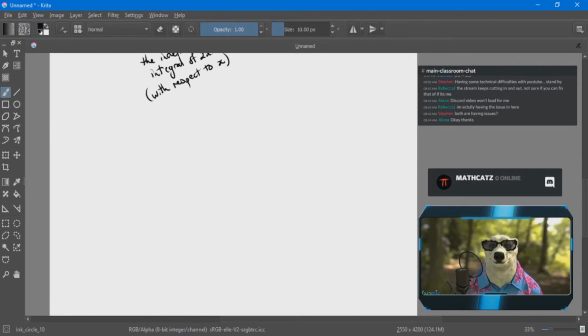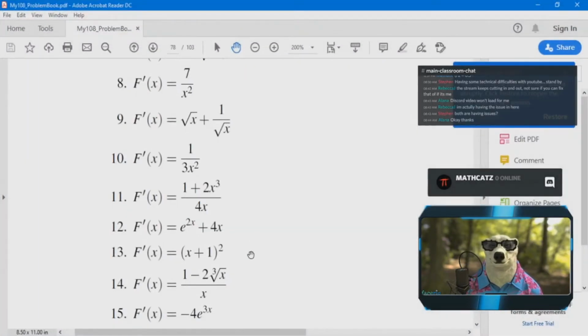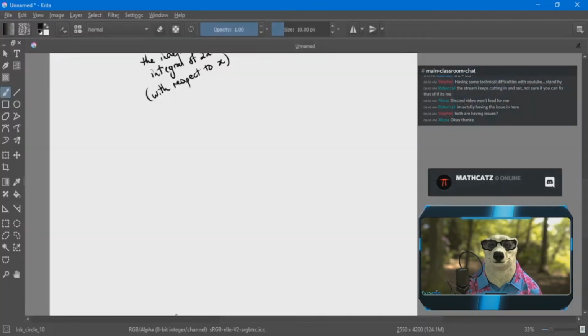Let's have a look now with this new notation. What is the difference? Let's look at this very bottom one, 15. In our antiderivative style, I have negative 4 e to the 3x. Now previously we gave it a name, negative 4 e to the 3x.